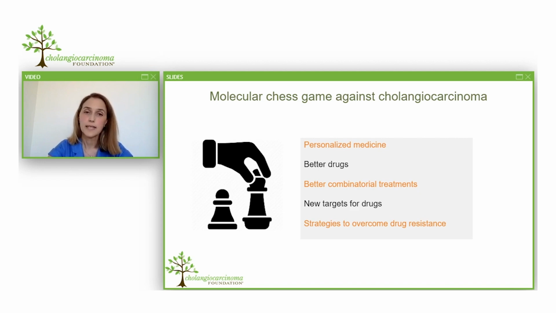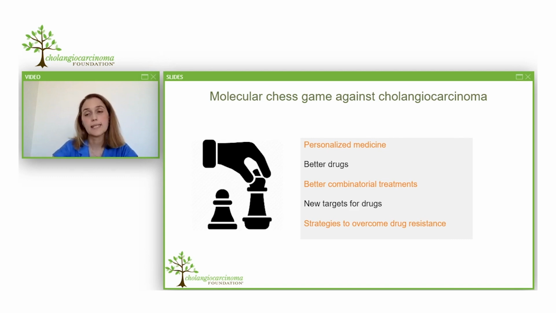In this field, the research is already focused on personalized medicine to select the best treatment for each patient, designing better drugs, more potent, or that are able to escape resistance, designing better combinatorial treatments to fight the tumor from different sides, the identification of new targets for drugs, and the design of strategies to overcome drug resistance.